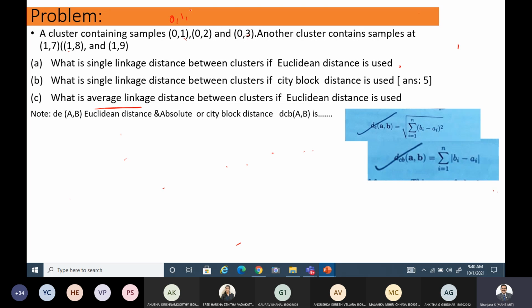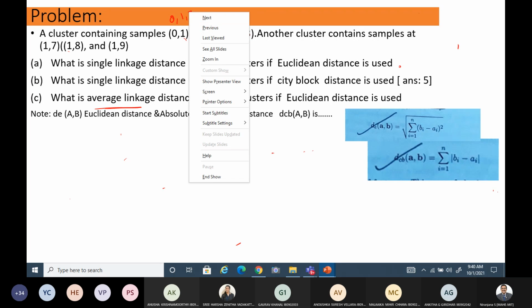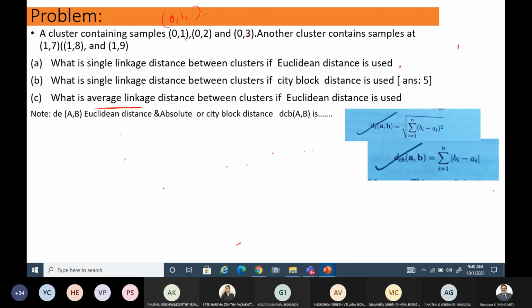Along with that, say, if you consider another feature. It is nothing but a problem where x, y, or 3 features are taken, right?